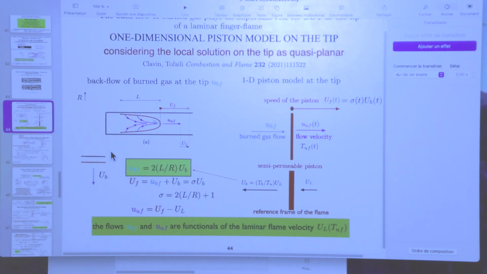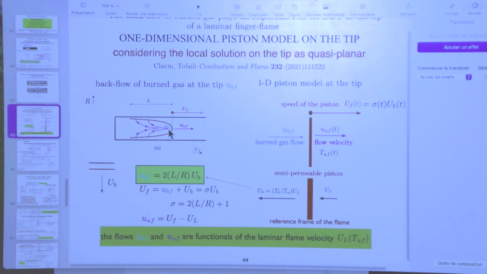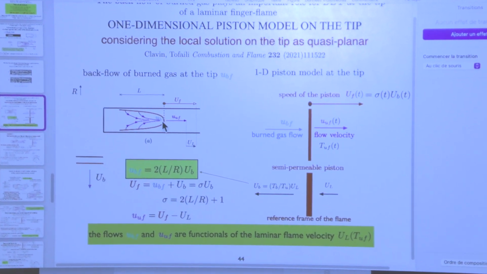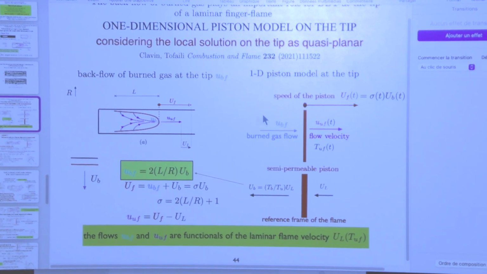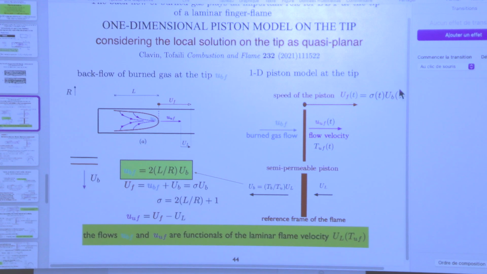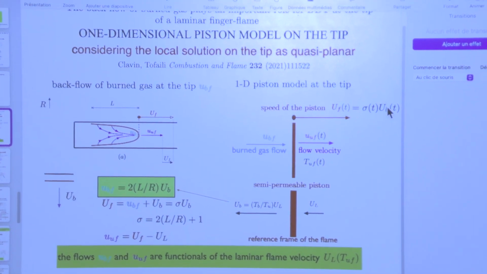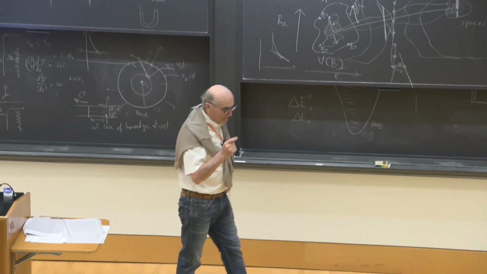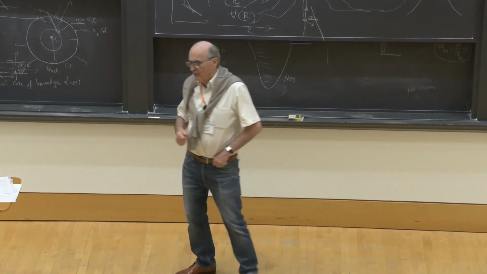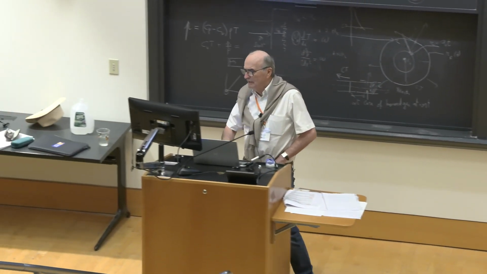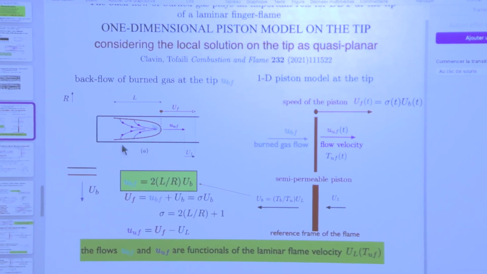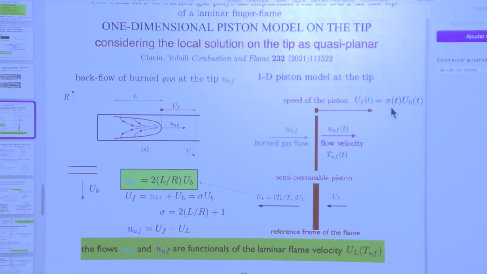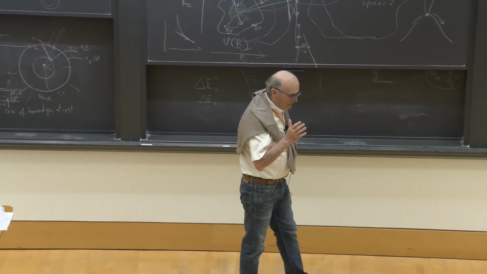You see, as I told you, the velocity in the laboratory frame of the tip is the laminar flame speed relative to the burned gas, which is typically 10 times larger than the laminar flame speed relative to the fresh mixture, and it is multiplied by the elongation parameter, which is, as I told you, in the critical conditions that I am going to explain, about 10.